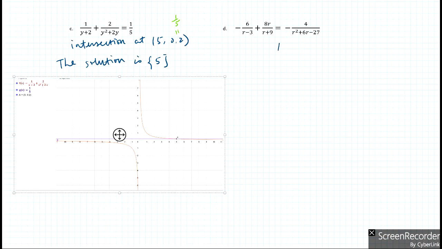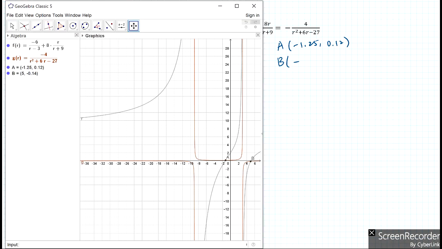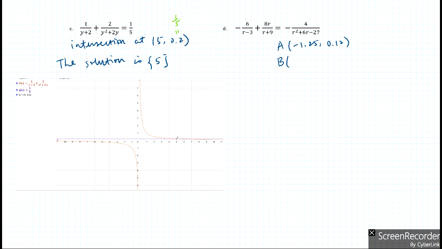And here A is negative 1.25, comma 0.12, and B is 5, negative 0.14. So there are 2 intersections. And once we find these 2 intersections, that means we also have 2 solutions over here.